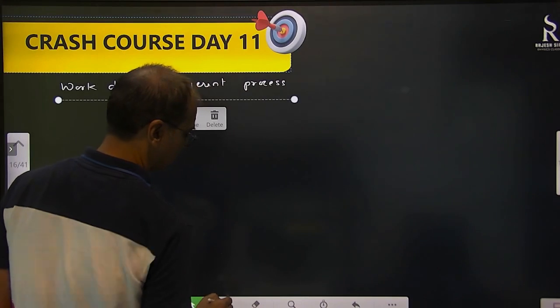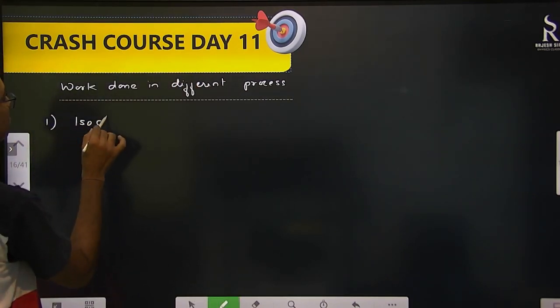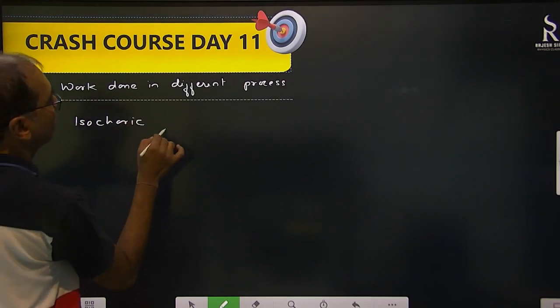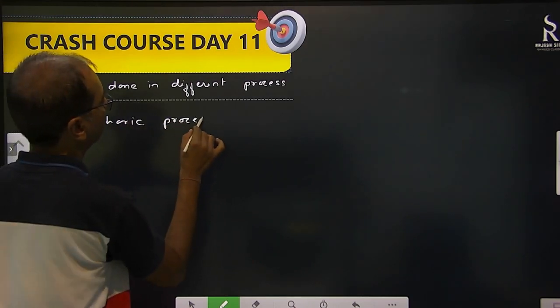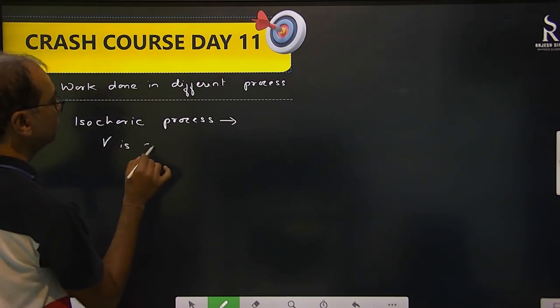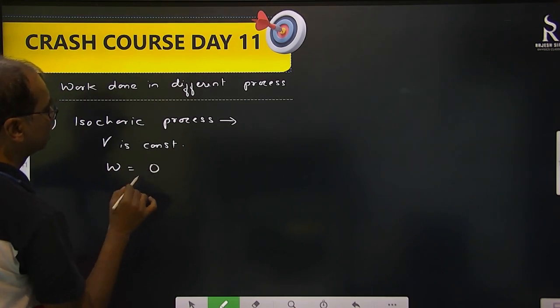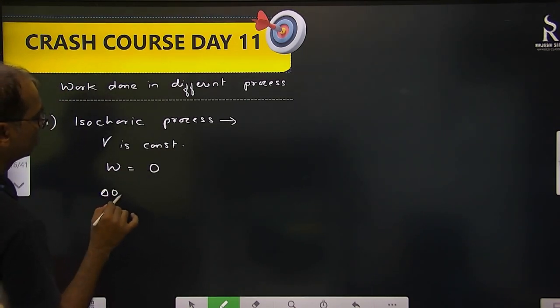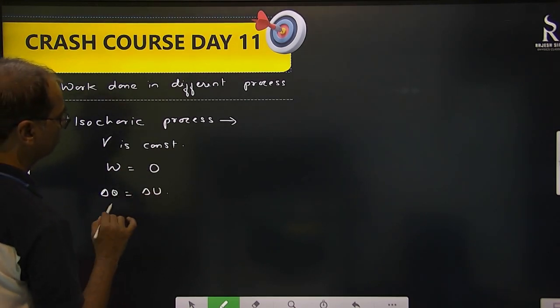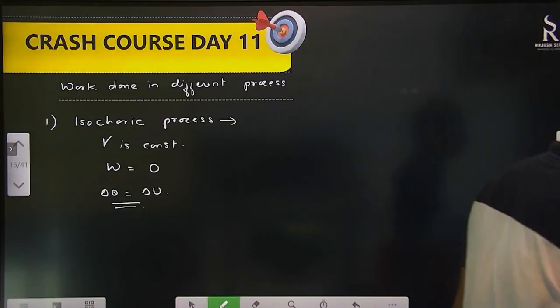So first one, isochoric. When we talk about the isochoric process, we already know that work done is 0 because volume is constant. Work done is 0, so delta Q is equal to delta U. We know this, right?